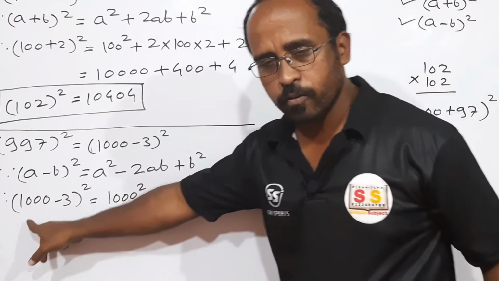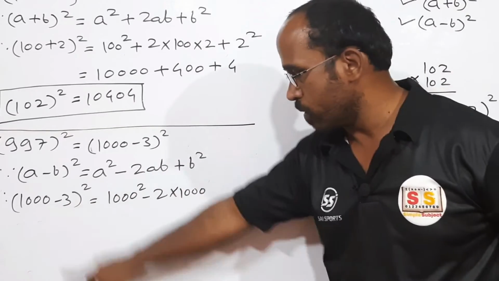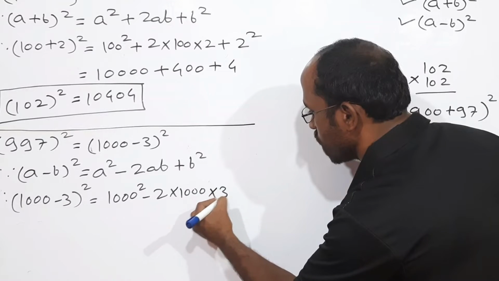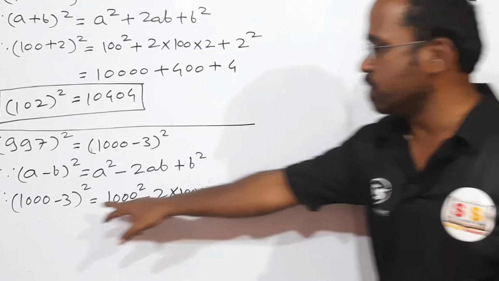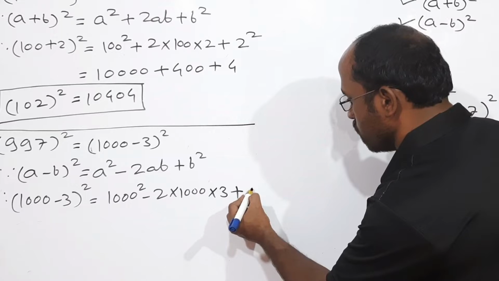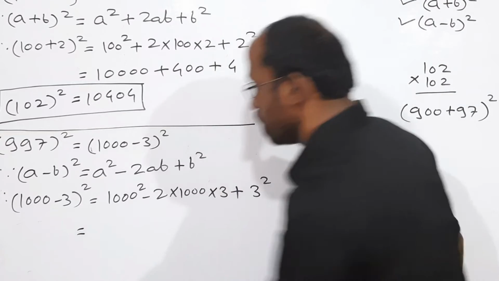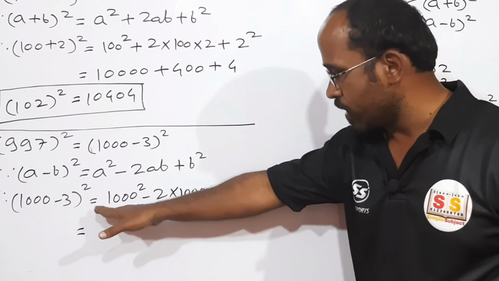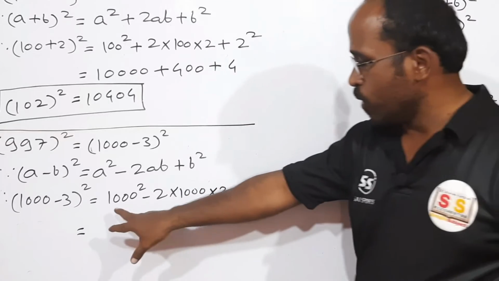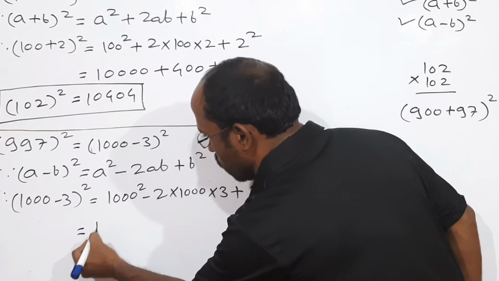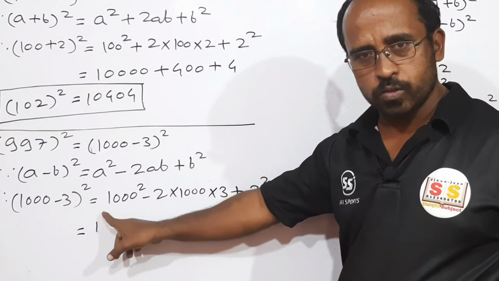At the place of a we will replace 1000, at the place of b we will replace 3. So 2 into 1000 into 3, plus b square means square of 3, right? That is equal to, if your calculation is good, you can write the answer on the go also. So 1000 square will be equal to 1 square, and 1 square is equal to 1.